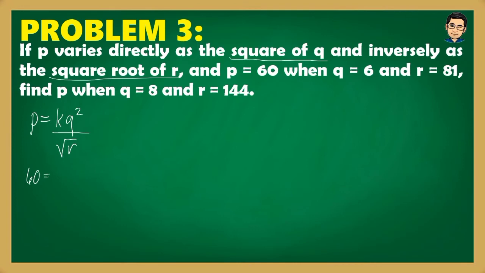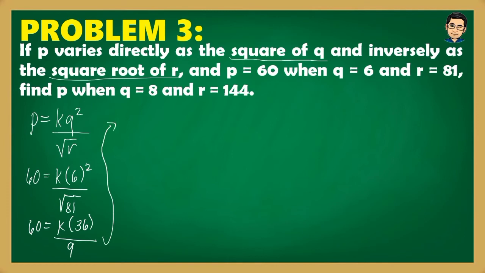And then, k times q squared, which is 6 squared, all over the square root of 81. Next, 60 is equal to k times 36. So 6 squared, that is 6 times 6, 36, all over the square root of 81, which is 9.